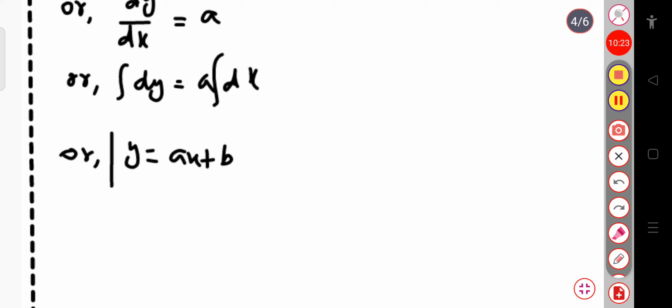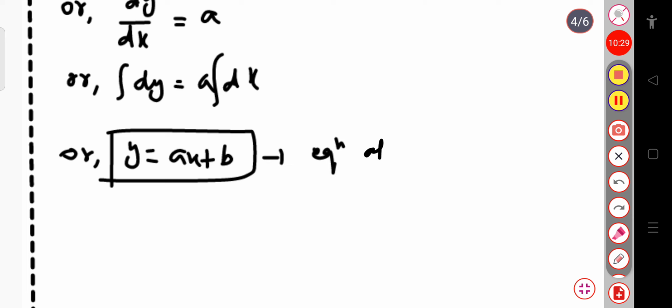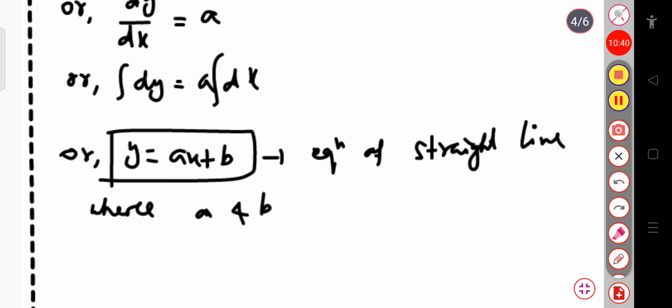Now you can see this equation is the equation of a straight line, where a and b are called the integration constants.